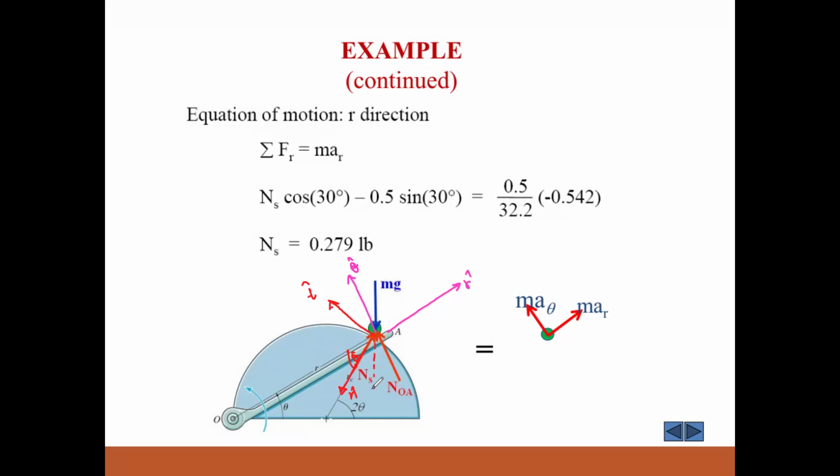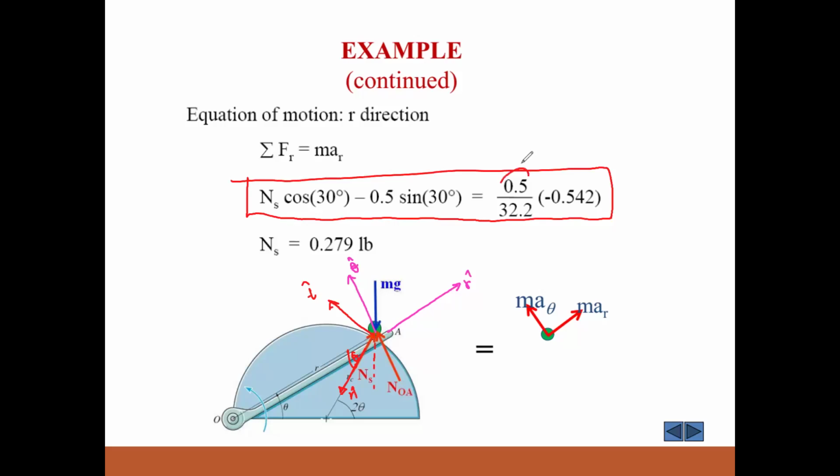So according to this, for the forces in the r direction, we have the equation of motion of this case, and the weight of 0.5 pounds divided by gravity, that is 32.2 feet per second squared. We change it to be the mass, and then come up with the acceleration.